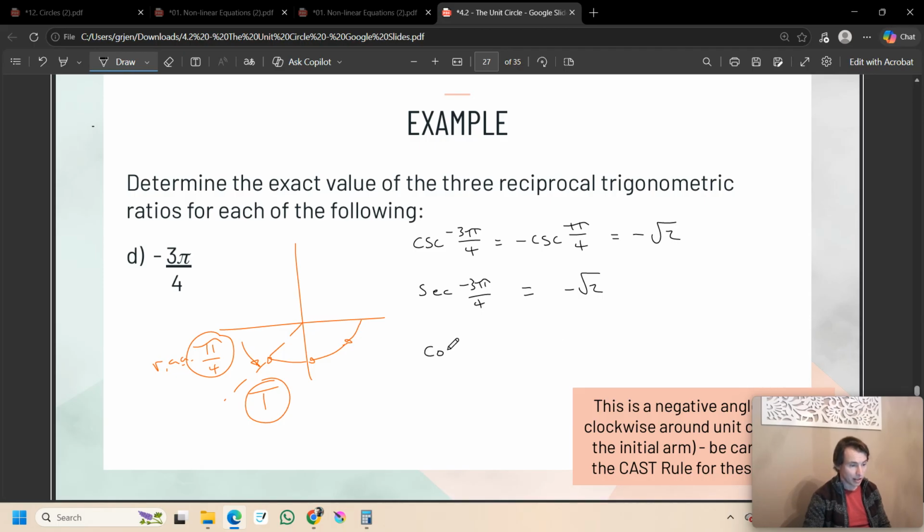And then cotan of negative 3 pi on 4 is equal to cotan of pi on 4, which is to say it's like 1 on tan of pi on 4 because they're reciprocals of one another. And pi on 4's tangent is 1, so the reciprocal of that is 1.